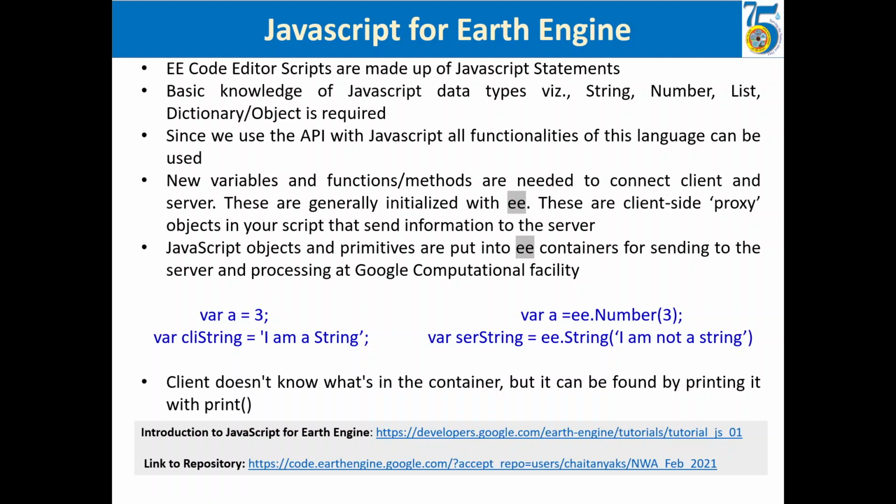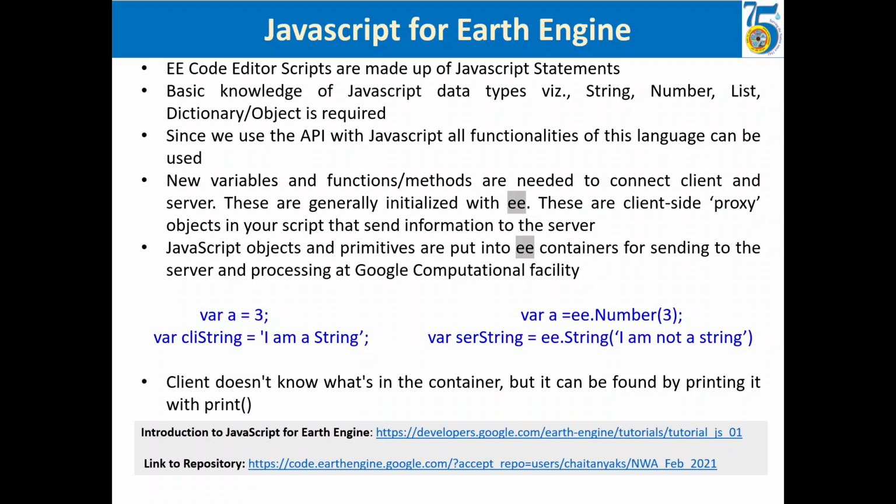Now you need to have a basic knowledge of JavaScript data types, namely string, number, list, dictionary, object. We will see these in a while, while working on the code editor itself. We will examine all these various JavaScript data types.